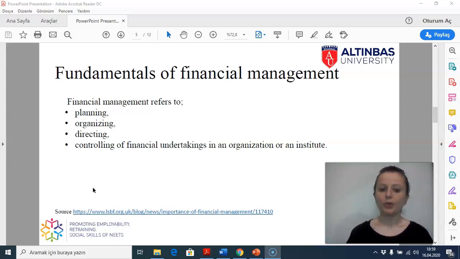Financial management refers to planning, organizing, directing, and controlling of financial undertakings in an organization. Usually this concept is valid for companies or organizations, not individuals. However, because of the concept of this course, we will be focusing on financial management of individuals.